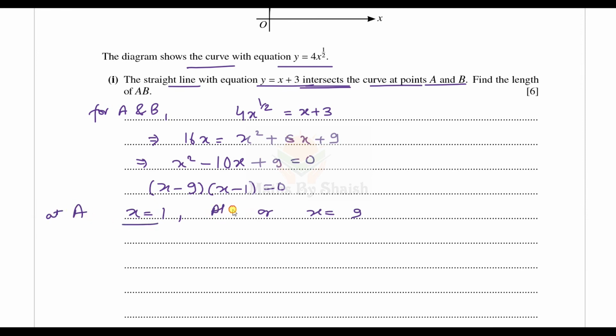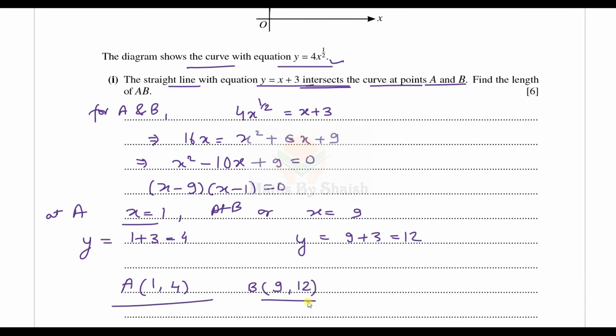Corresponding y values we can get from either of these two equations. I'll get it by this one. So y is equal to 1 plus 3, that is 4, and y is equal to 9 plus 3, that is 12. So coordinates of A are 1 comma 4 and coordinates of B are 9 comma 12. Now we can easily find the length of AB.